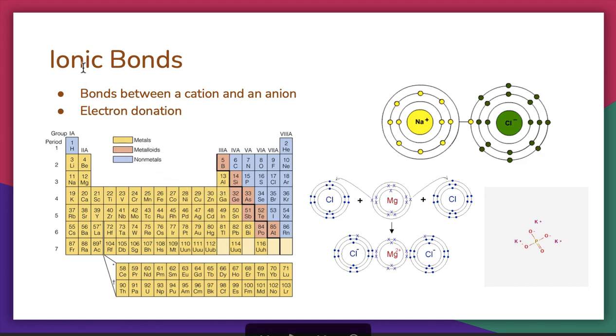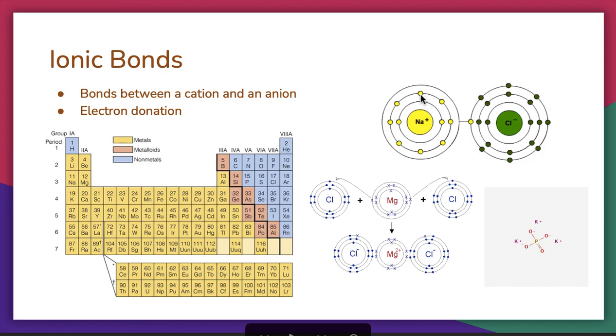So anyway, ionic bonds work through electron donation. You can look at this figure over here with sodium and chlorine. In this one, sodium is giving off its electron, the yellow dot, to the chlorine atom, so that the outermost shell of each of these atoms is completely filled.